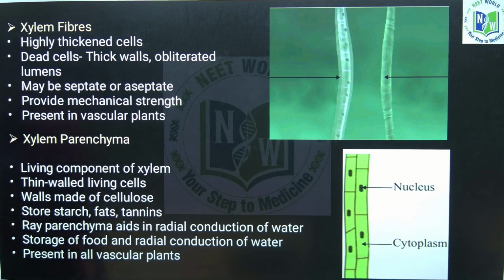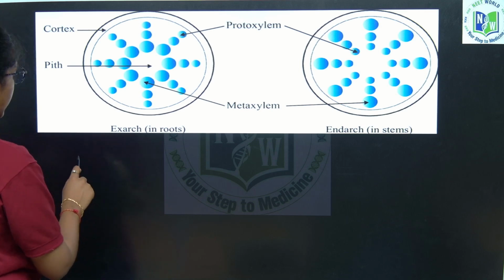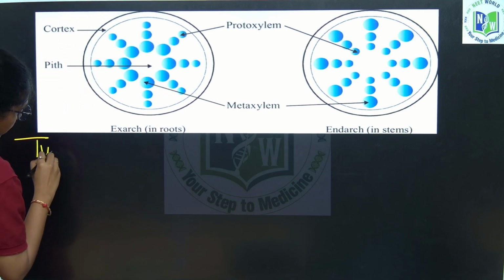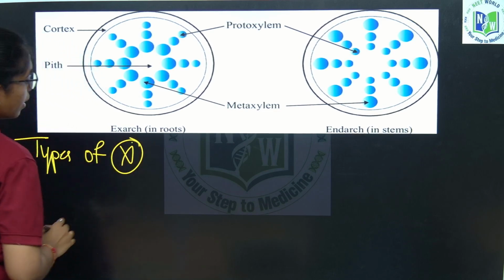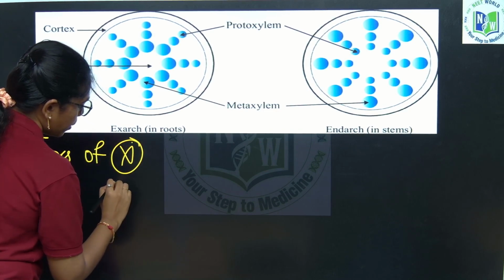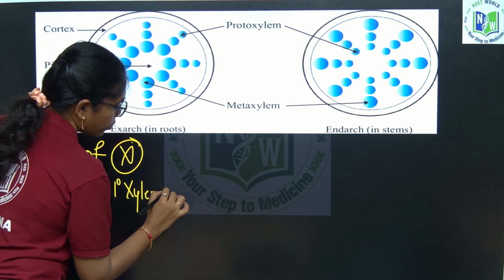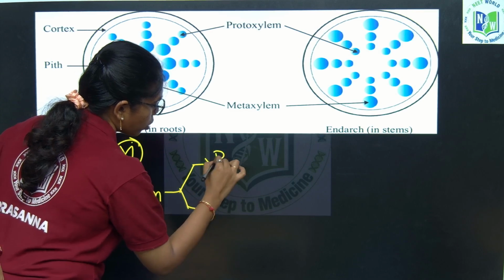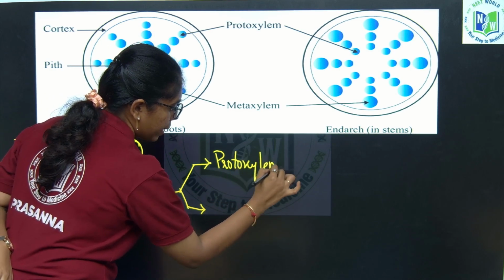Now, if we look into the types of xylem, most importantly primary xylem. We have two types of primary xylem: protoxylem and metaxylem.